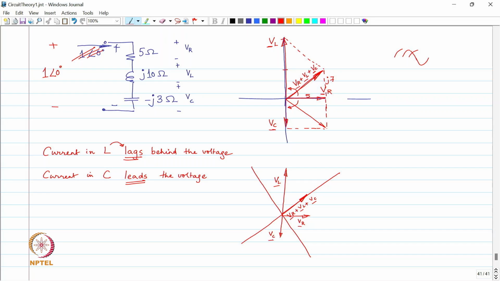Okay. All I did was, I turned the graph, the reference of the graph, and realigned it with VR plus VL plus VC. It is as if I said that let us choose a different time frame.